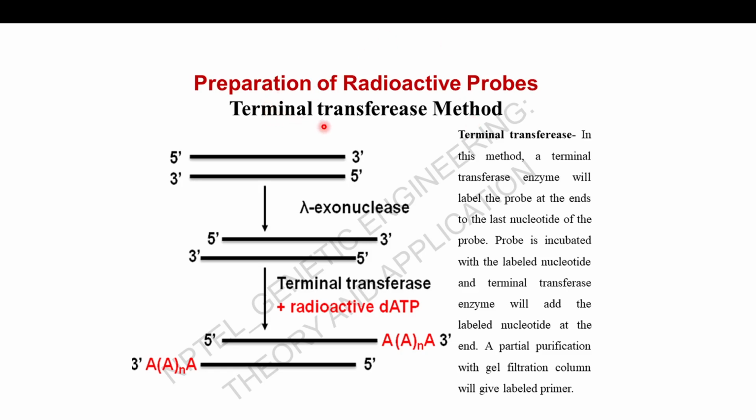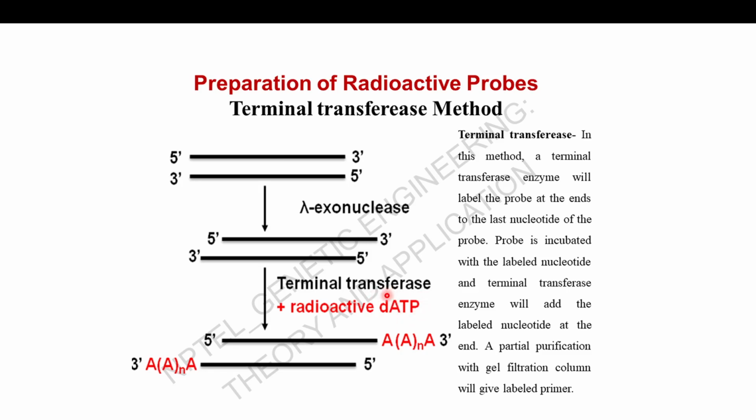So we talked about terminal transferase. What this particular enzyme does is, first the DNA ends are chopped off by exonuclease, which only acts at the terminal phosphate groups and removes the terminal nucleotides. And then this terminal transferase can add one last nucleotide at the terminal ends.